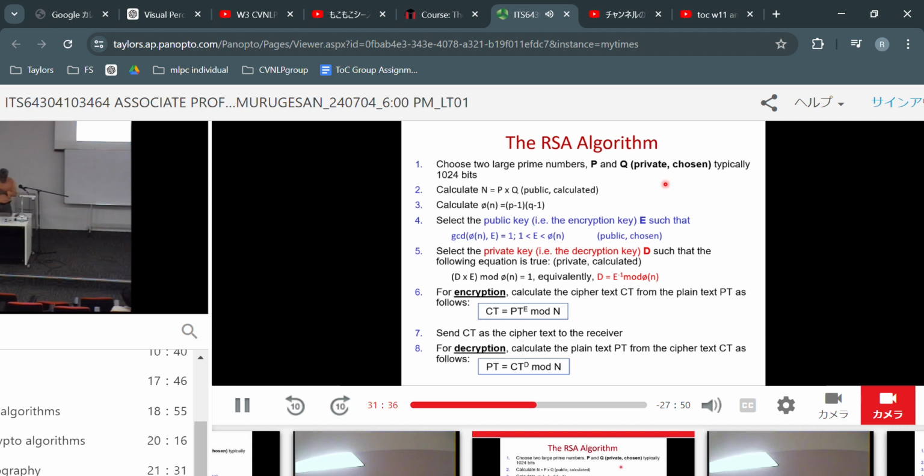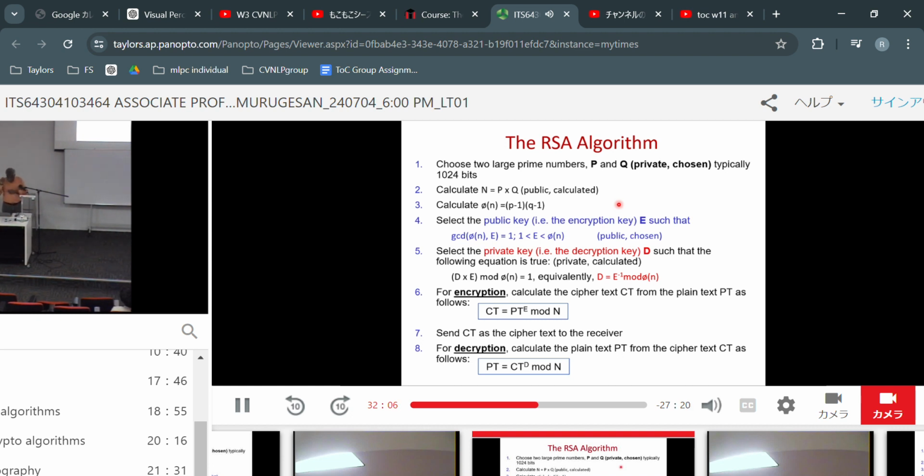In the first step, the algorithm takes two large prime numbers, 1024 bits each, named P and Q. It calculates N. N is the product of P and Q. You multiply P and Q, you get N. N is public, P and Q are private. Why N is public and P and Q are private is the beauty of this algorithm, and that is why P and Q must be minimum 1024 bits each.